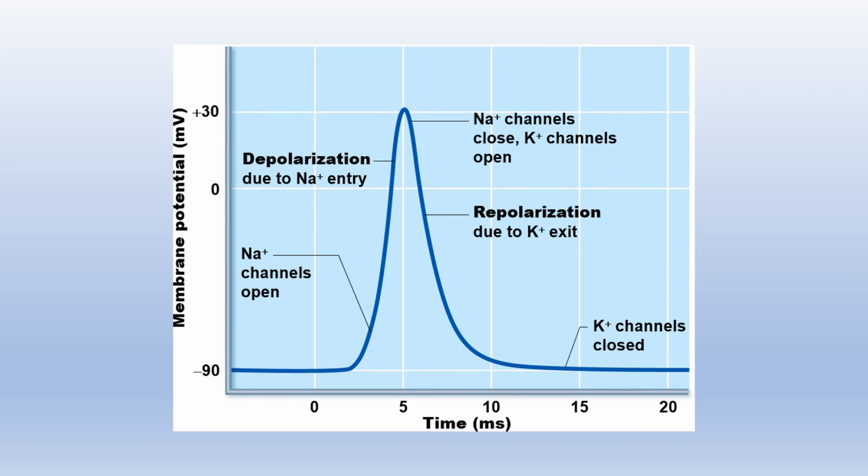Now, take a look at where the graph begins to creep up. As the graph begins to creep up, sodium channels are opening. Sodium is entering the cell, driving that inside value towards zero or towards threshold. Eventually, we see depolarization. We have reached threshold.